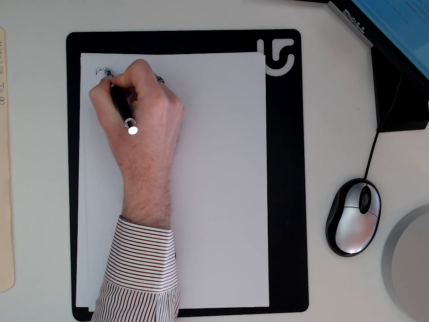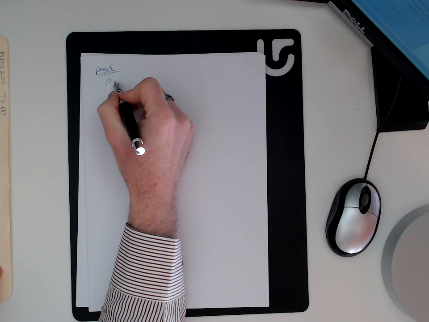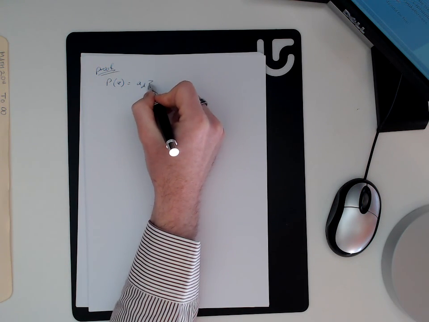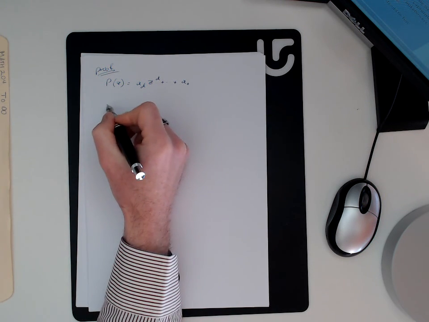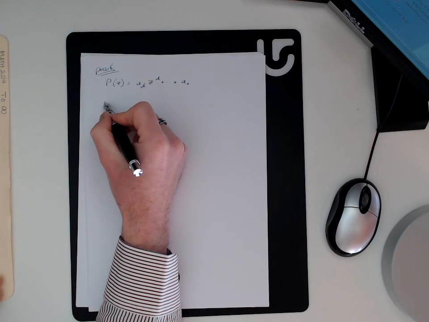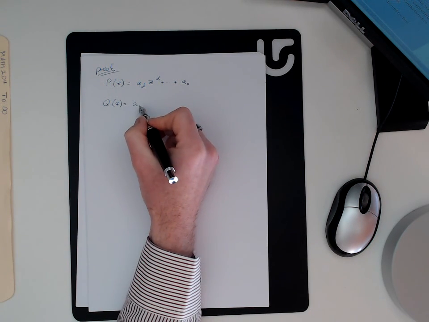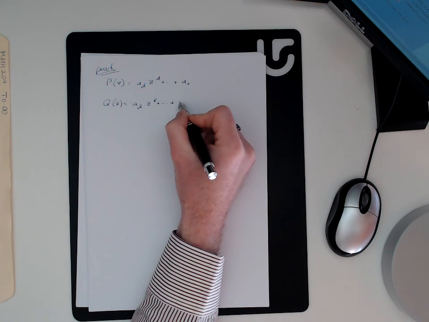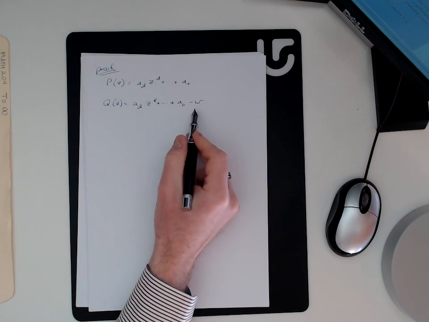The proof. How does this work? Well, p is a polynomial, so I'm going to write this out: a_d z^d, all the way down to a_0. I can write a new polynomial. Let q(z) equal a_d z^d plus all the way down to a_0, and I'm going to chuck in minus w, because w is a fixed thing.